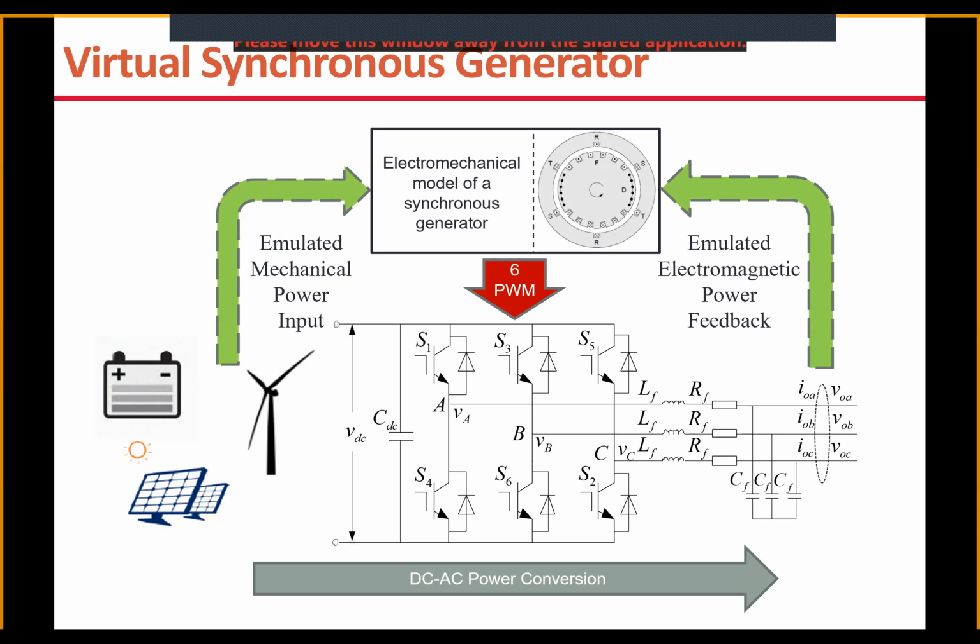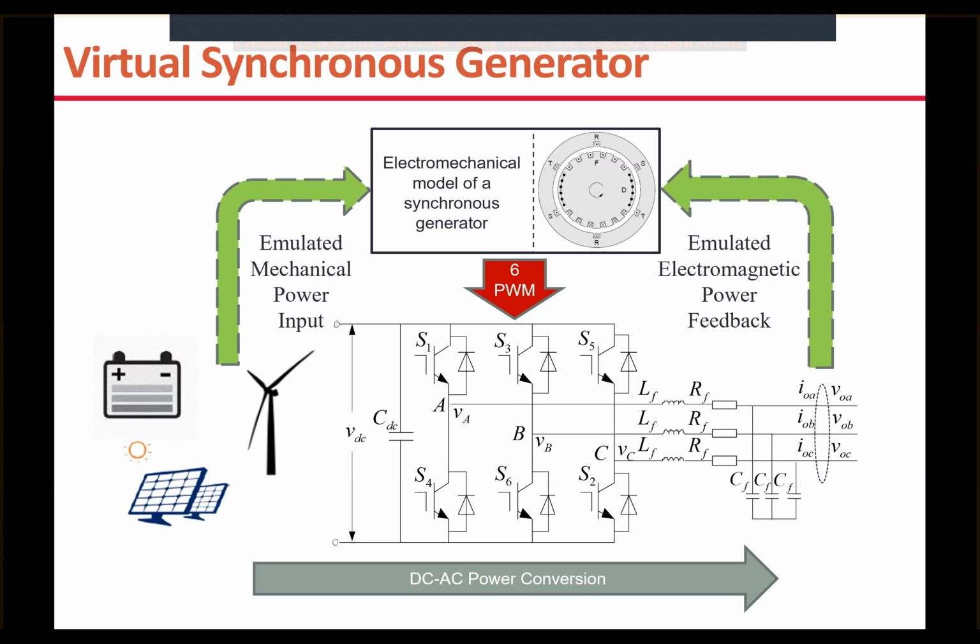So in this VSG control, the prime mover power will come from the emulated mechanical power of the wind turbine rotor, right? And the output would be the emulated electromagnetic power.